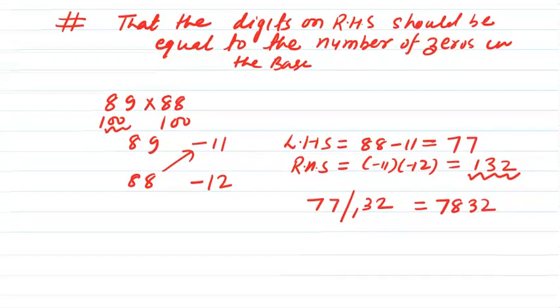Okay. Now let us take some bigger problem. Suppose I take 994 into 992. Now I won't be talking about the details. I'll be writing my answer very quickly. So what is the base here?